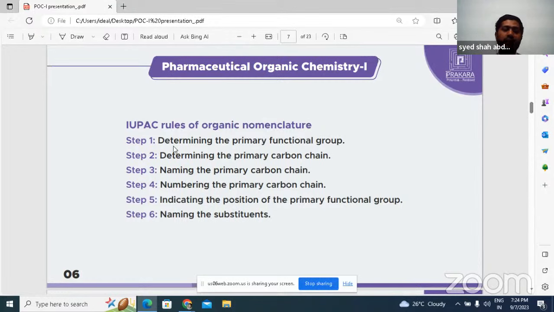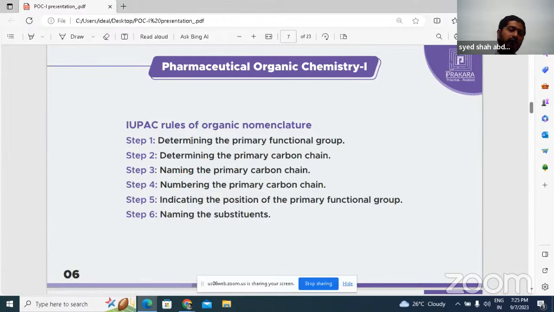We have seen that various functional groups are present, so we first determine the primary functional group. Second, determining the primary carbon chain, that is, the number of carbons in the chain. Third, naming the primary carbon chain. Fourth, numbering the primary carbon chain. Fifth, indicating the position of the primary functional group. And sixth, naming the substituents.